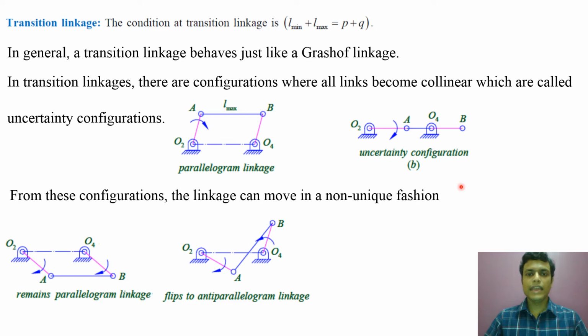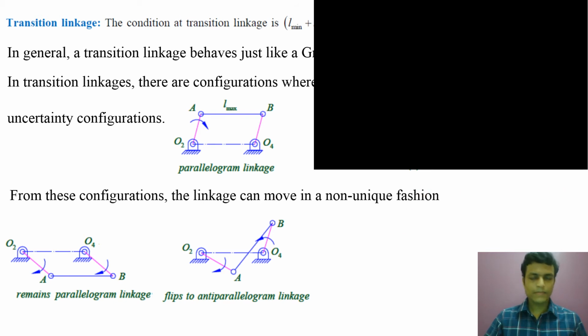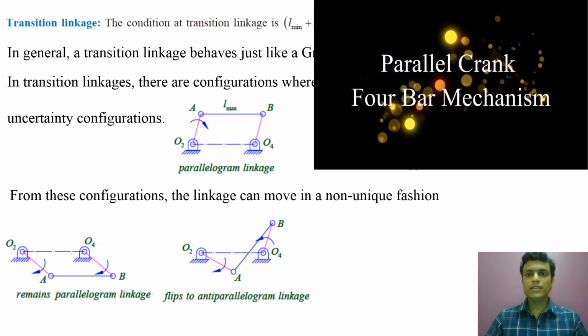We can ensure it remains a parallelogram linkage by adding an extra link. I am going to show you. Before that, let me show the animations. So this is a parallelogram mechanism.